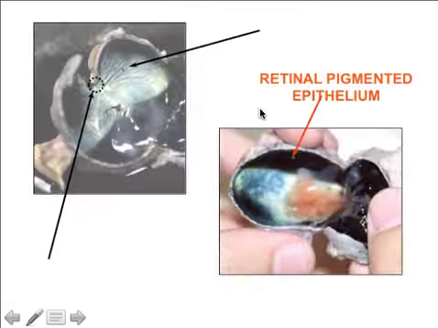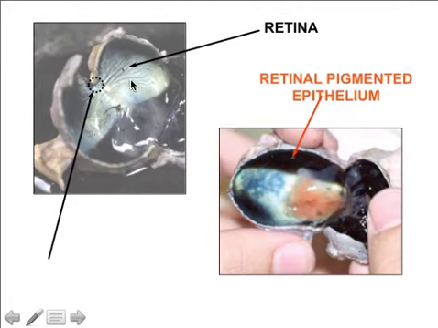Moving on, here you can see an interesting layer. The yellowish stuff, the little yellow patches, that's retina. Under the retina, that shiny part is called the tapetum lucidum, and that's a special iridescent layer that helps to increase the light intensity inside the eyeball so that certain animals can see at night.